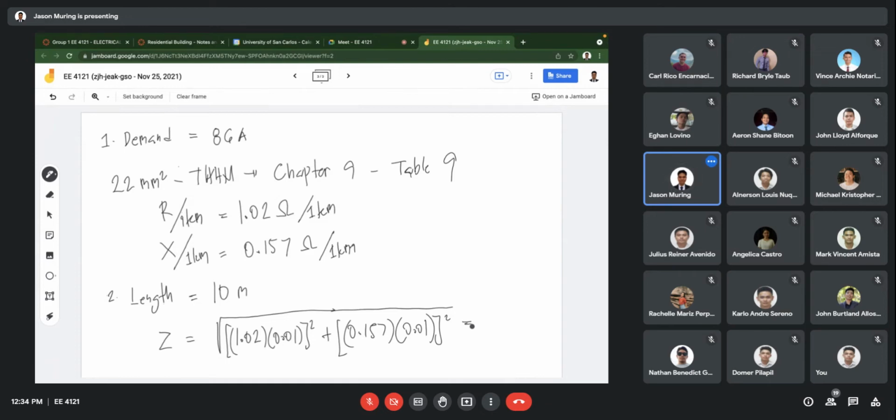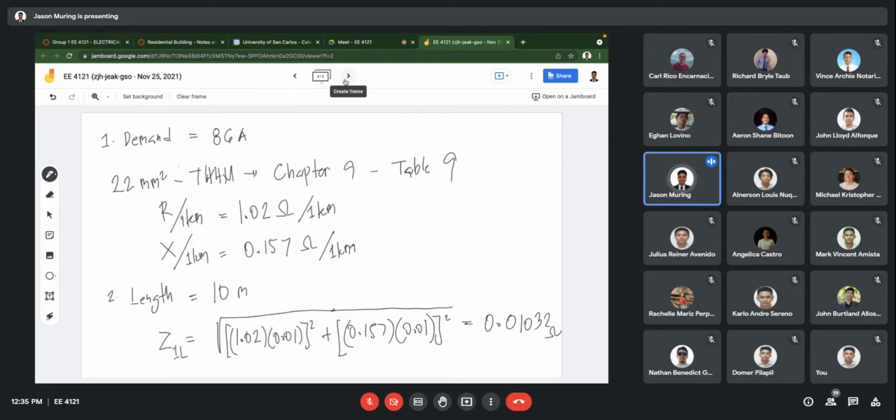So I have 0.01032. Okay, so this is correct now. This will be my Z for just one line.